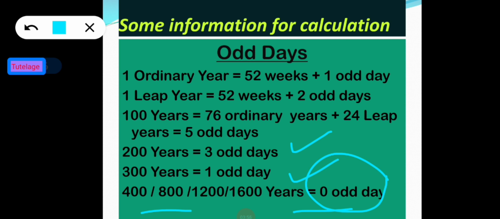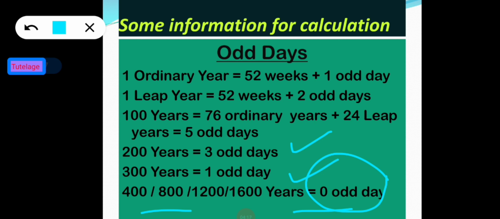Those are basically needed to solve calendar series problems, so just keep it in mind. After sharing this information and the basic formulas, we will practice with examples in detail, and we will include previous year questions also.